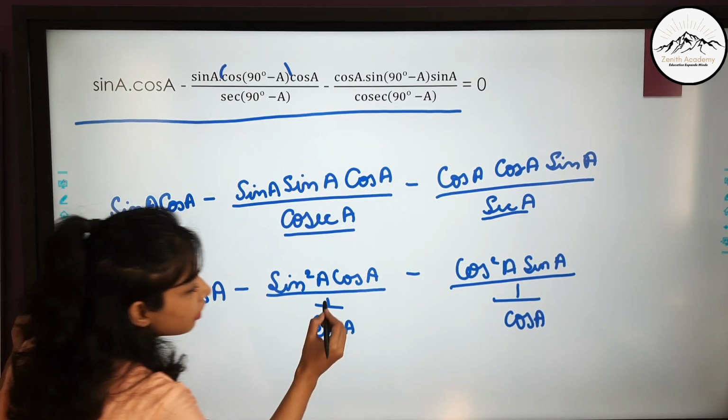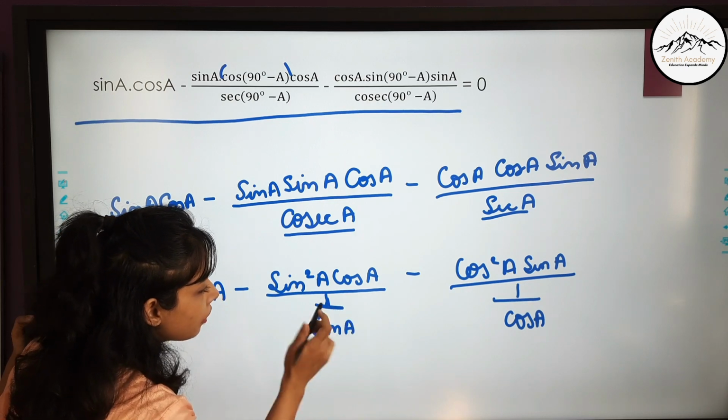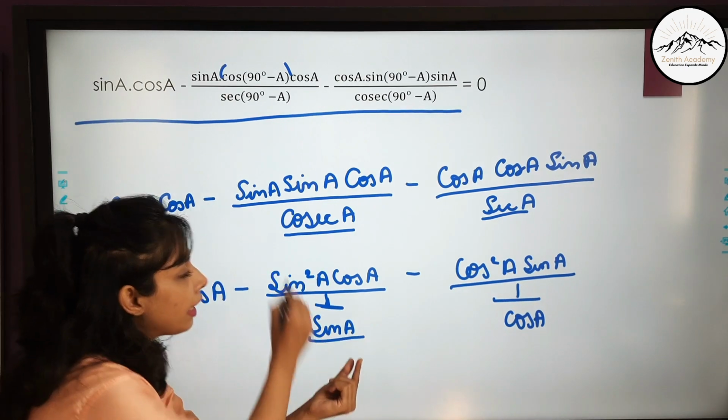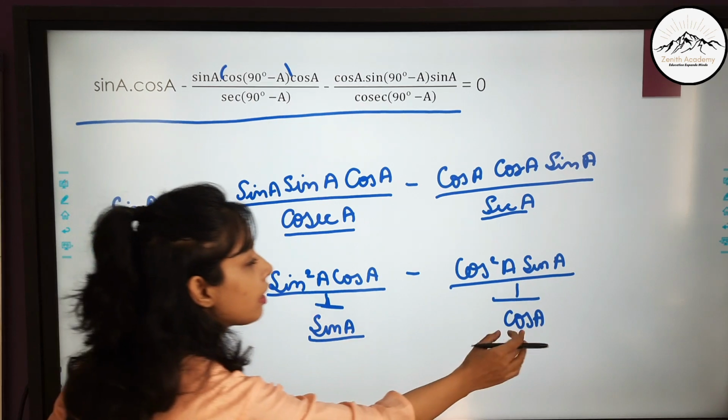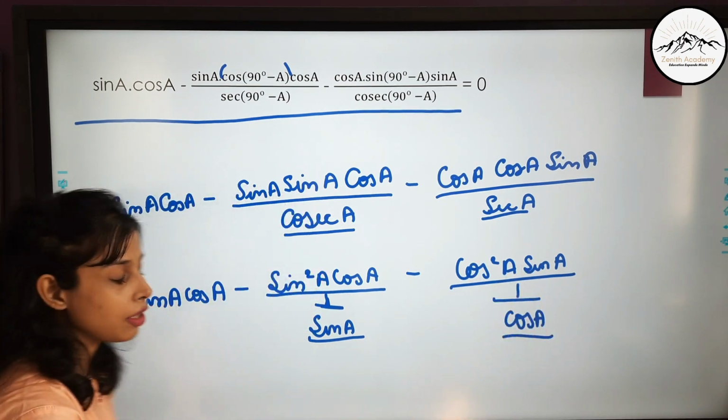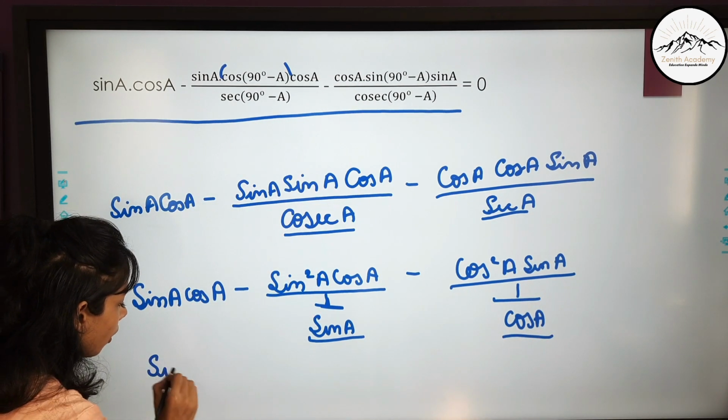Now, in the denominator we have a fraction. So sin A will go to the numerator and here the cos A will go to the numerator. So what we will get?